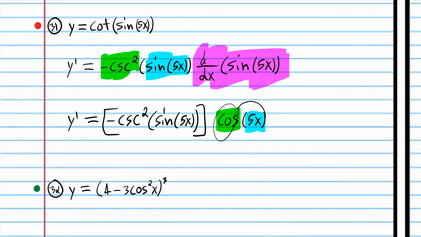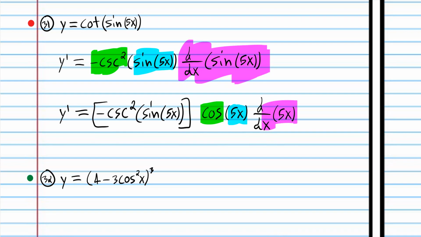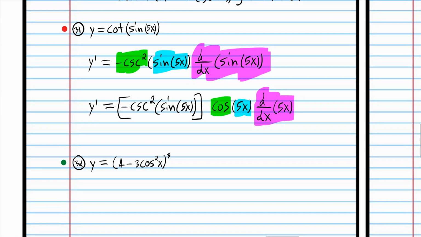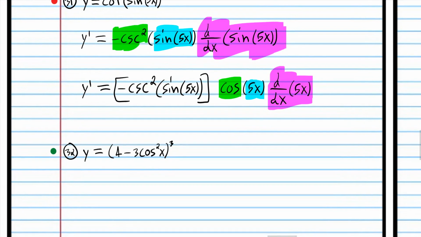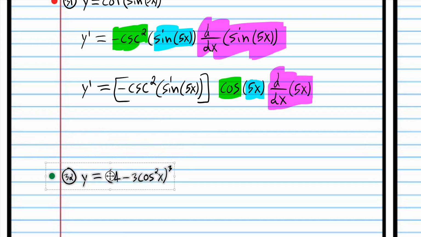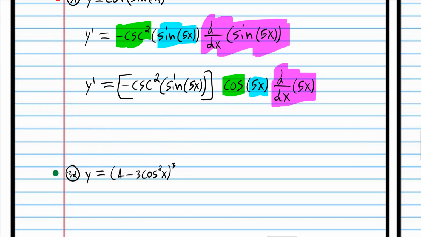So step number 1, step number 2, but then we have to multiply by the derivative of the inside function, which is 5x. So do you see how we use the chain rule twice? So again, I know that's very intimidating, but even though it seems intimidating now, it's just going to be like second nature to you once you get used to this.